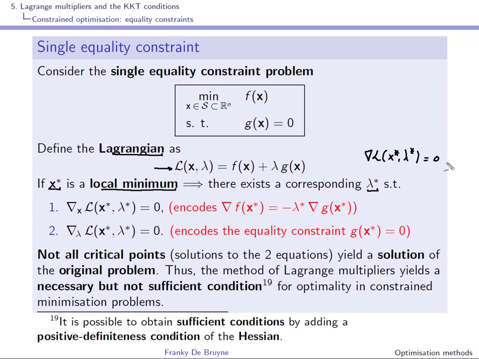In this gradient, of course, you have the partial derivatives with respect to x and the partial derivative with respect to lambda, which is the Lagrange multiplier.